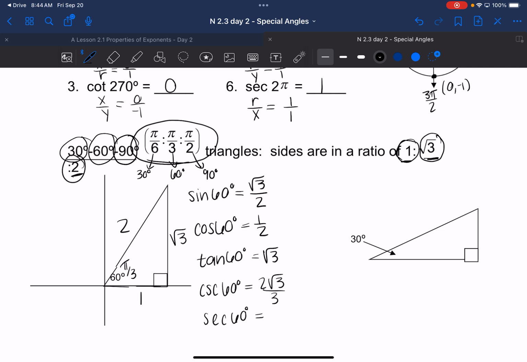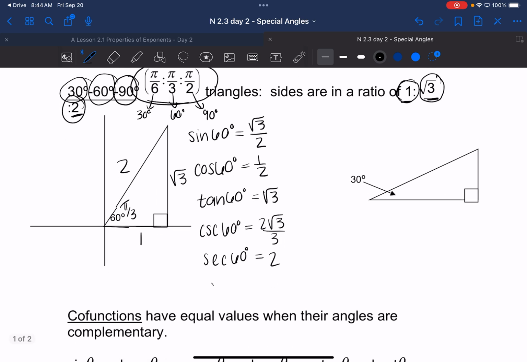So what would this one be? 2. Good. And then lastly, cotangent of 60, which is the reciprocal of tangent. What's that one going to be? 1 over root 3, but we don't want to leave root 3 in the bottom, so it becomes root 3 over 3. Good.